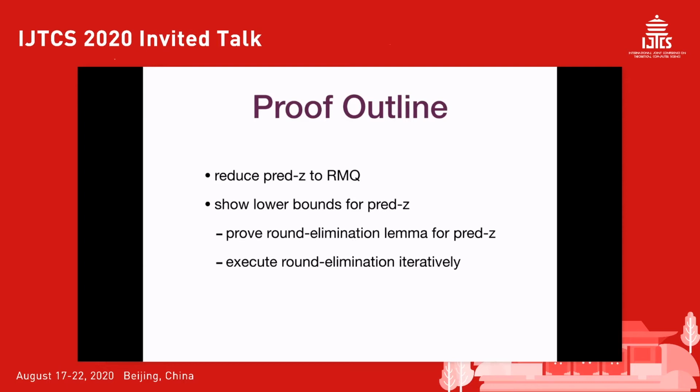Then, we show a lower bound for PretZ. In order to do this, our strategy is a new variant of round elimination on carefully chosen hard queries. We use a new series of ideas and proofs to show the round elimination is feasible.